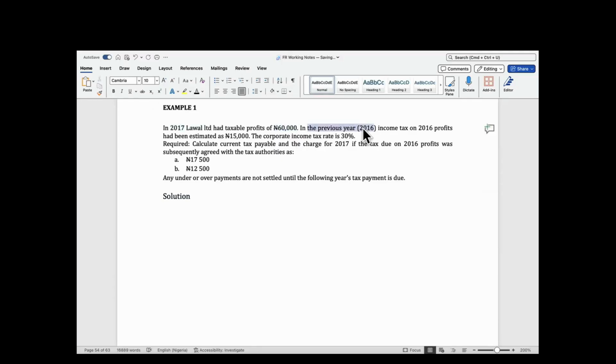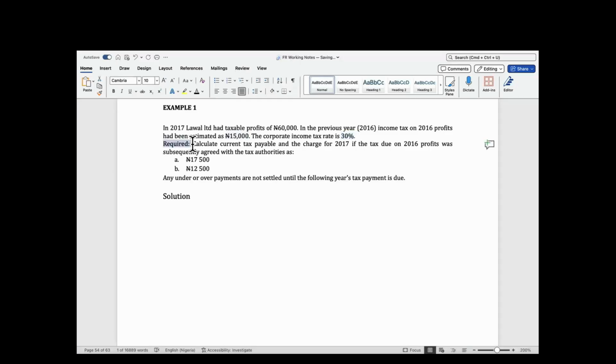But last year, in 2016, the tax on 2016 profits, we estimated 15,000. And the tax rate was based on 30%.